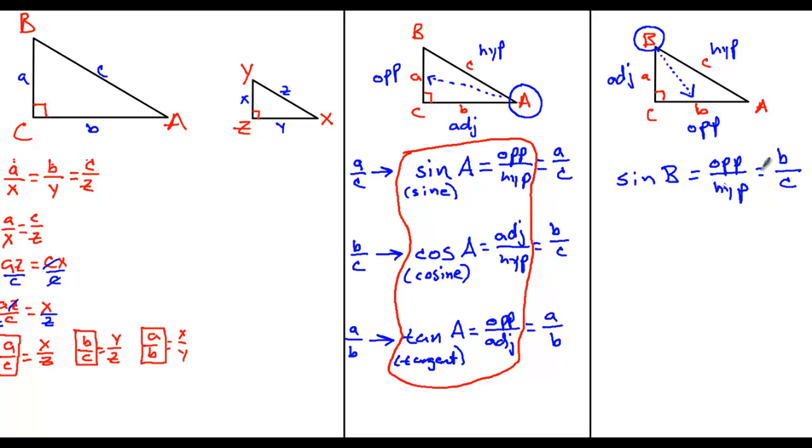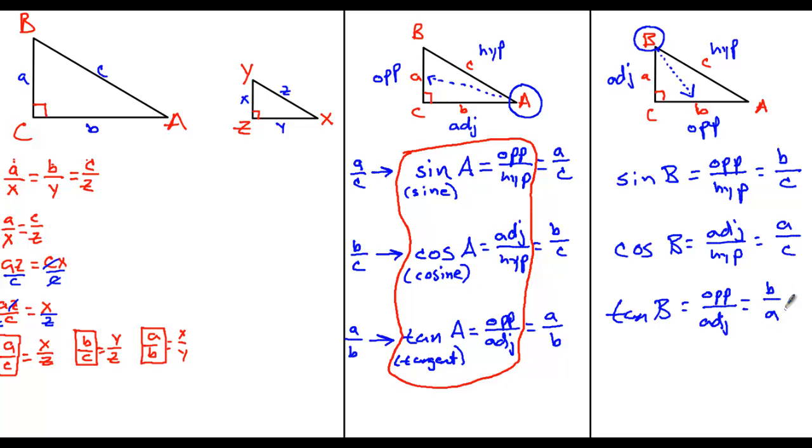So the sine of angle B is B over C. The cosine of angle B, well, cosine is adjacent over hypotenuse, and that equals adjacent A over hypotenuse C. And the last one, the tangent of angle B, well, tangent is opposite over adjacent, and so that is B over A.